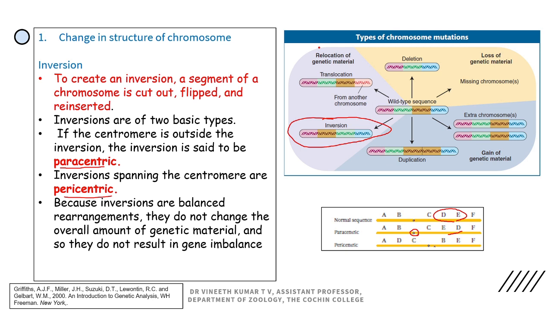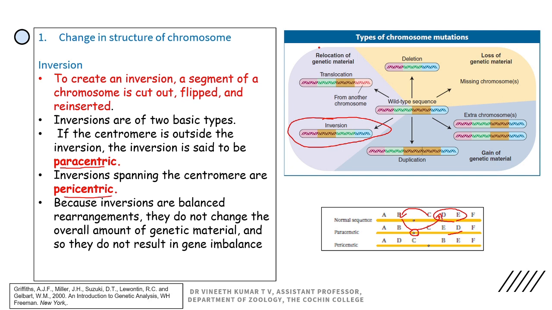And when the centromere is involved, you can see that when these two get inverted, C is shifted to this position, and C and D are shifted towards this portion. So in this type of inversion, the centromere is involved; the inversions which span the centromere also invert it, in the case of pericentric inversion.